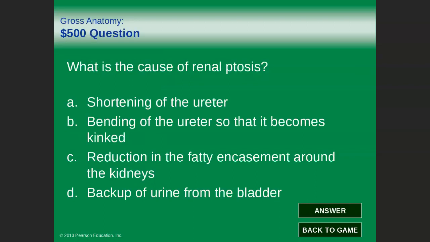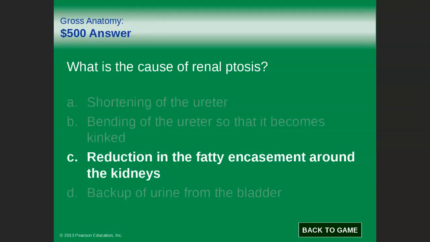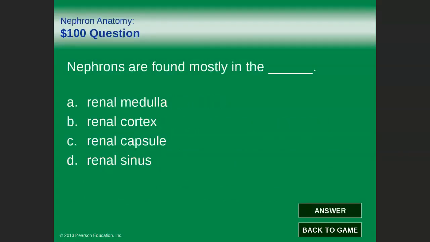Renal ptosis is like ptosis of the eyelid, when you lose part of your eyelid closing. Well, ptosis of the kidney is when you lose the fatty encasement around the kidneys. That's right. Nephrons are found where?